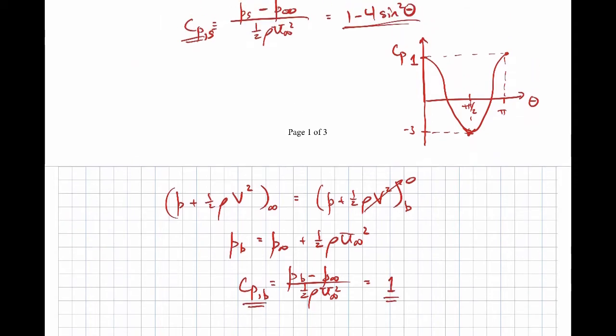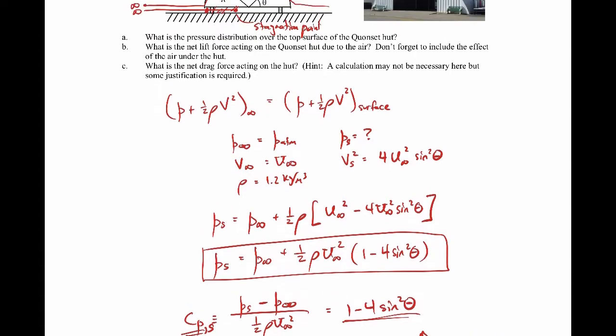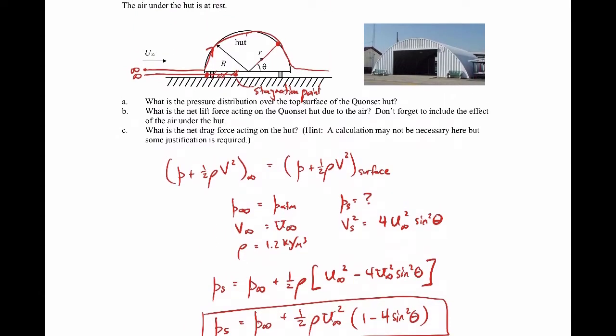So you can see on the bottom, if I draw the pressure on the bottom here, it's just going to stay constant like that. So you can see the pressure on the bottom will be higher than the pressure over the whole surface. So as a result of that, we would end up having an upward acting force on the hut. So let me erase some stuff here and kind of sketch it out for you. So the idea here is on the bottom we have an upward pointing pressure force I should say, right?